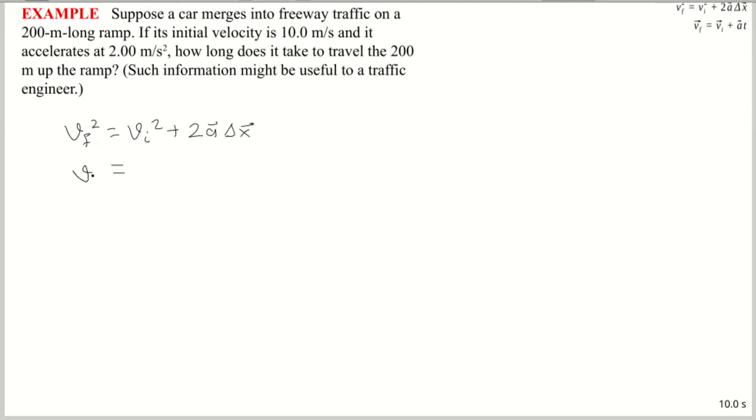So v final is the square root of initial 10 meters per second squared, plus 2 times acceleration, 2 meters per second squared, times delta x, the 200 meter ramp, so 200 meters.